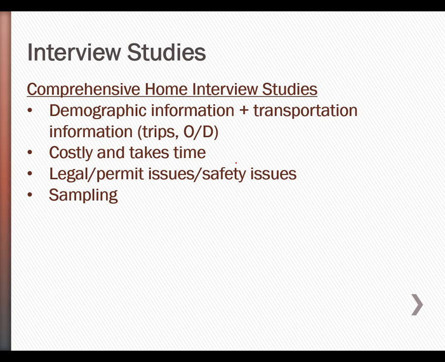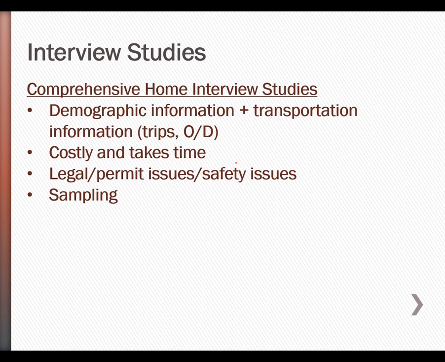Some other data we have to collect sometimes, and this happens especially when we talk about people, when I ask people. So we do something called interview studies, and we have different kinds of interview studies. One of them is the home interview studies, where we knock on doors and figure out where are you going, where are you coming from, where do you work. It's similar to the census data.